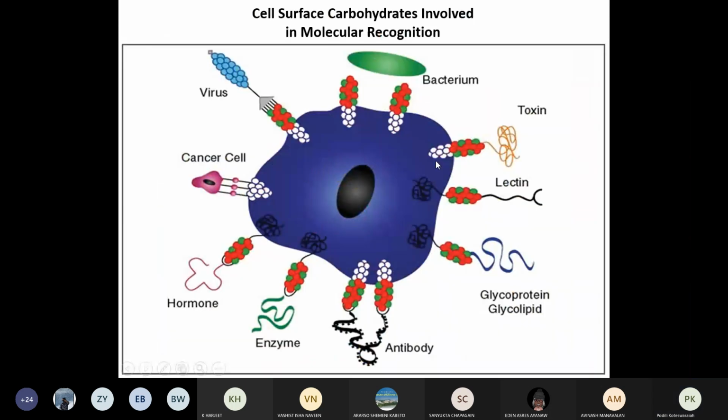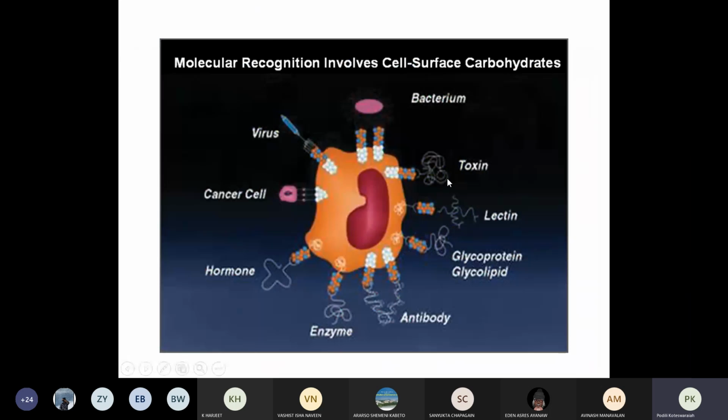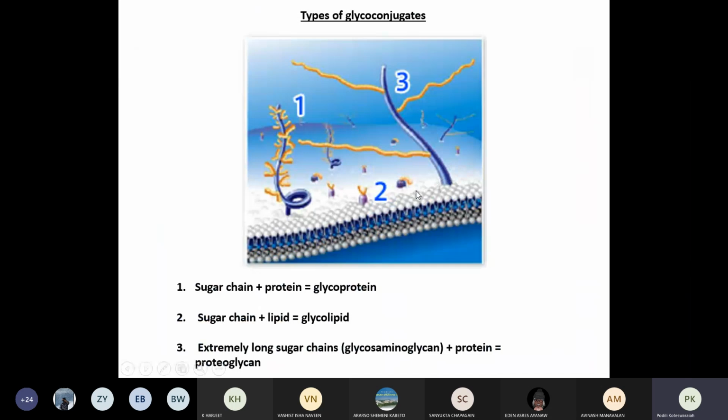Now these glycans present on the cell surface are attached either to protein or to lipid. When carbohydrates are covalently linked to protein, glycoproteins are formed, and when they are linked to lipid, glycolipids are formed.